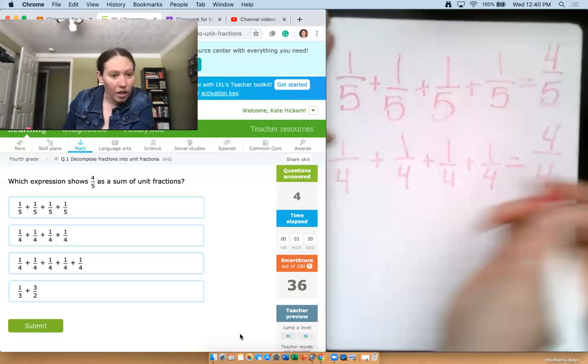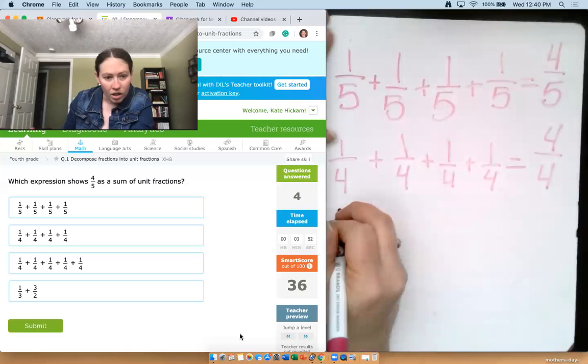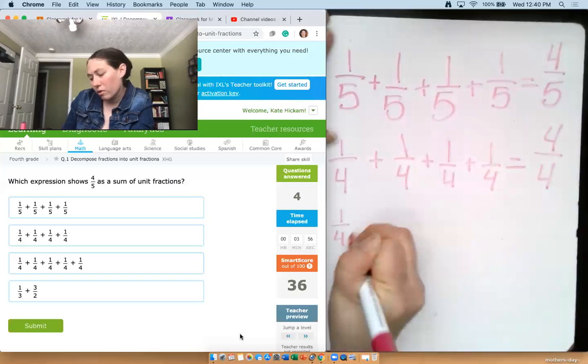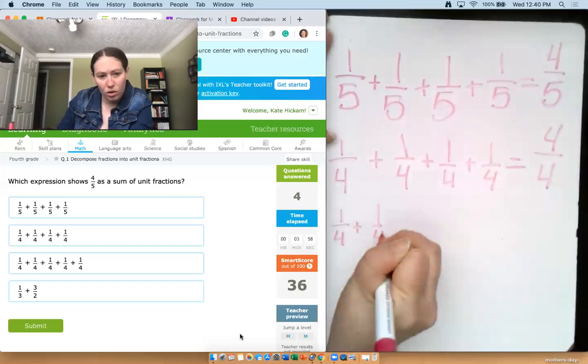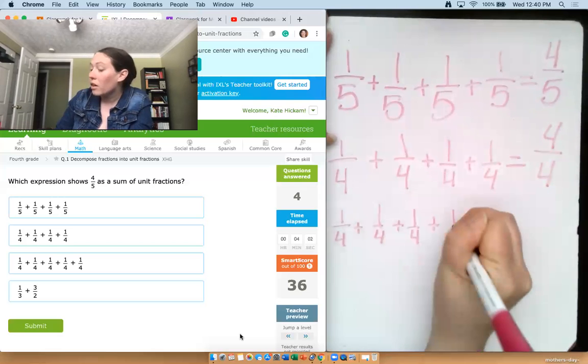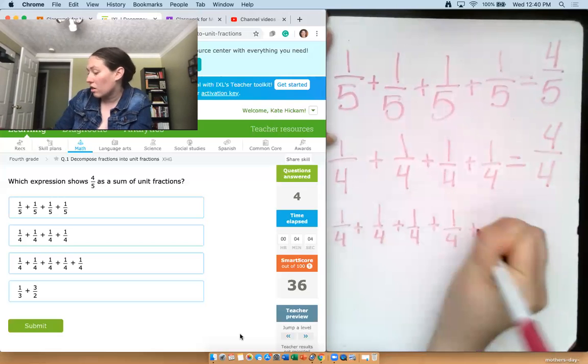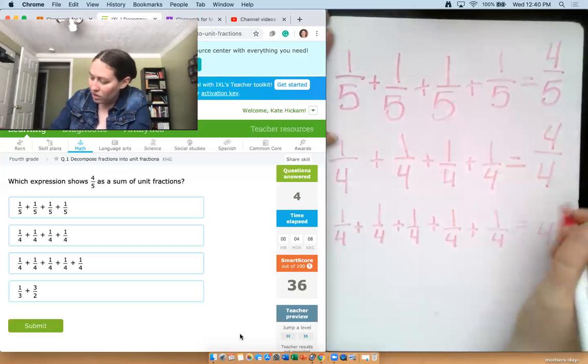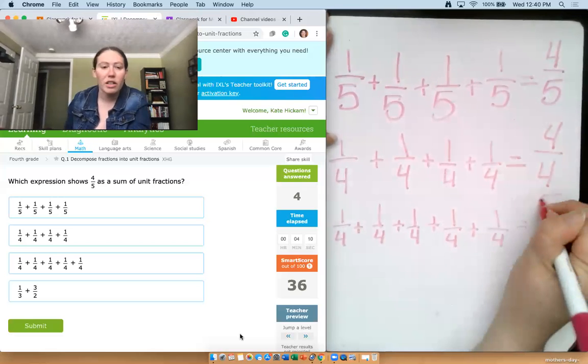Okay. Then I have 1/4 plus 1/4 plus 1/4 plus 1/4 plus 1/4. 4 is my denominator, but this time 5 is my numerator. Oh no, my marker's running out.